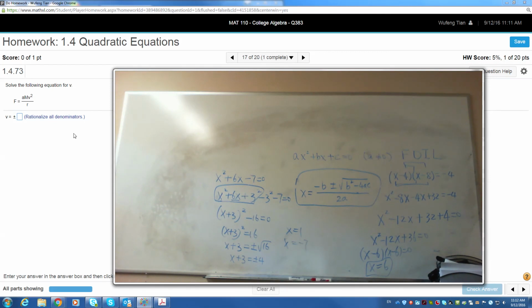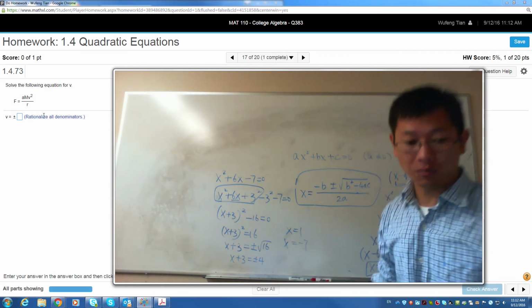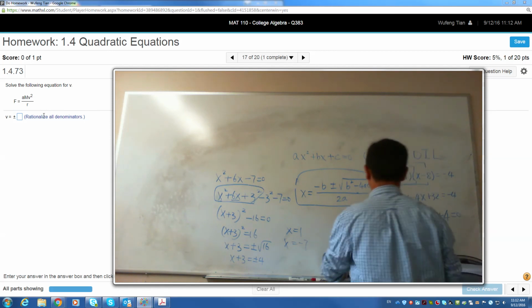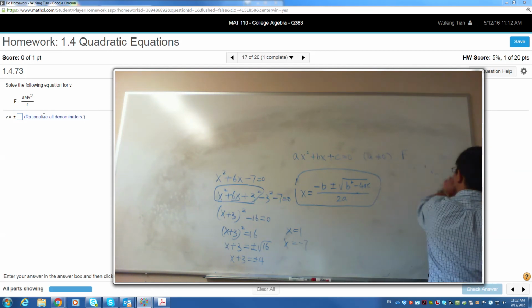Okay, so this F equals m v squared over r. I want to do not exactly the same one, but a different one, then you have an idea how to solve this one as well.